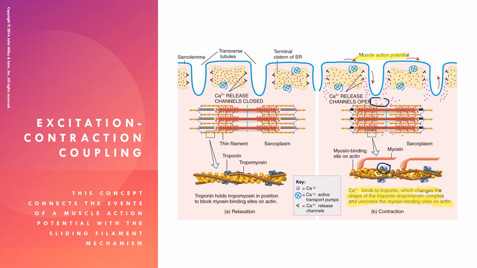These events leading up to the contraction cycle are collectively known as excitation-contraction coupling. This is because these are the steps that connect excitation, which is a muscle action potential propagating along the sarcolemma and the T-tubules, with contraction, which is the sliding of the filaments.